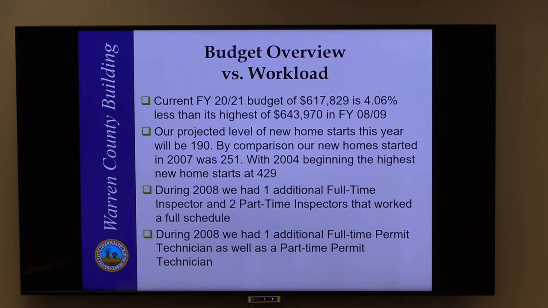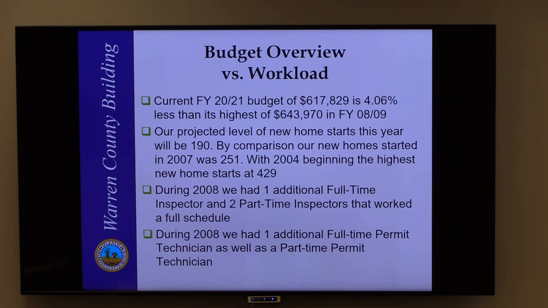So a little bit of comparison. During the 2004 timeframe, we had the highest new home starts of 429 homes. That's been kind of the elephant in the room, because that is a very substantial number for what our department could handle. If you look though, during that time frame, we had one additional full-time inspector than what we have right now. We have 2, it would have been 3.